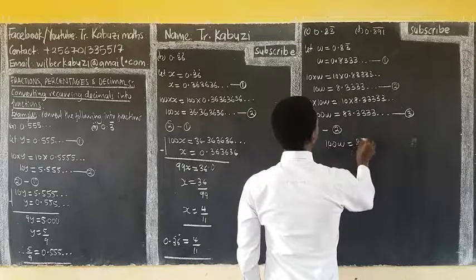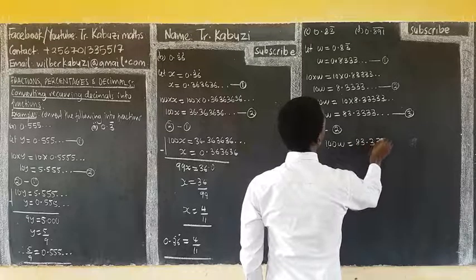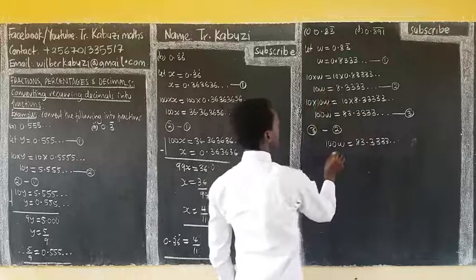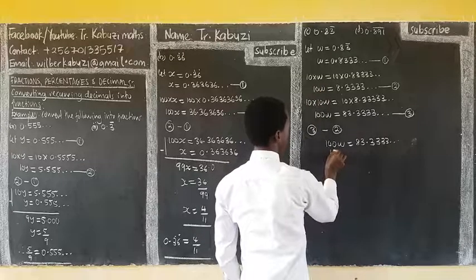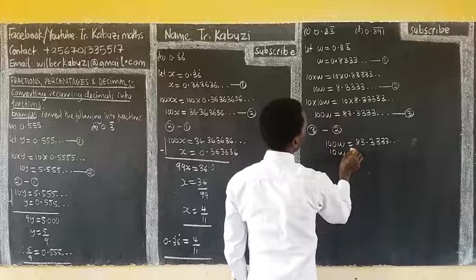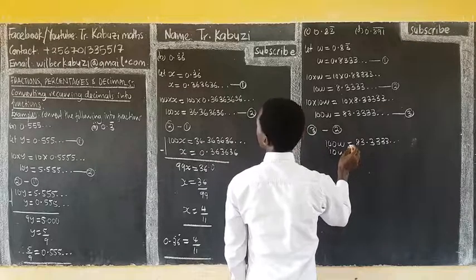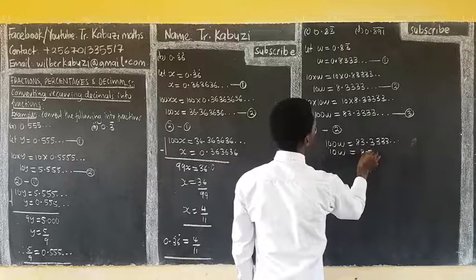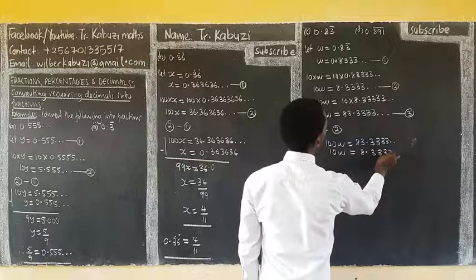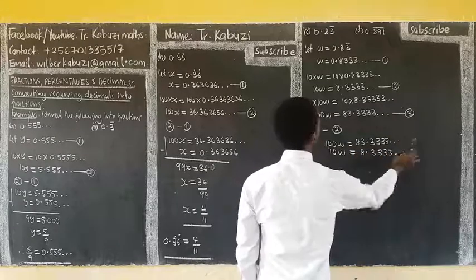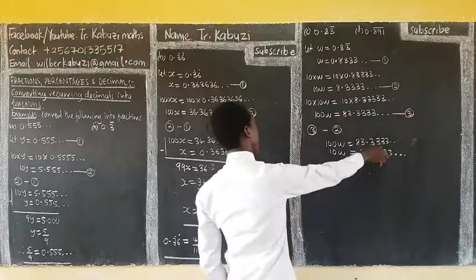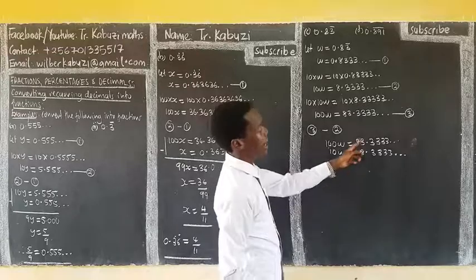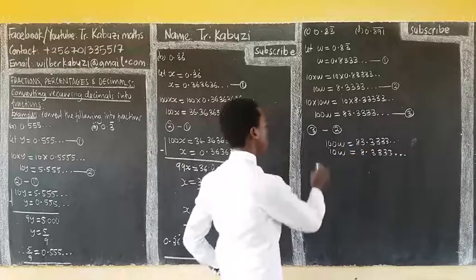So it's 83.3333, then I get my 10W. 10W is 8.3333. You can see it in place now. When I subtract, you make sure that all this will vanish.